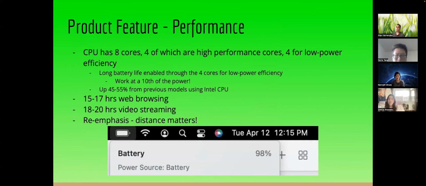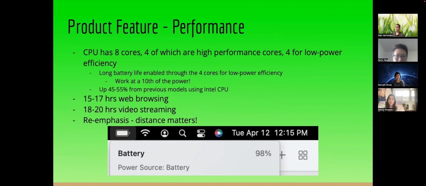So now we have some information on performance. I briefly mentioned that the CPU has 8 cores, 4 of which are high performance cores that jump into action during power intensive tasks. For less energy consuming tasks, the other 4 high efficiency cores are active and perform at 1/10 of the power compared to the high performance cores.